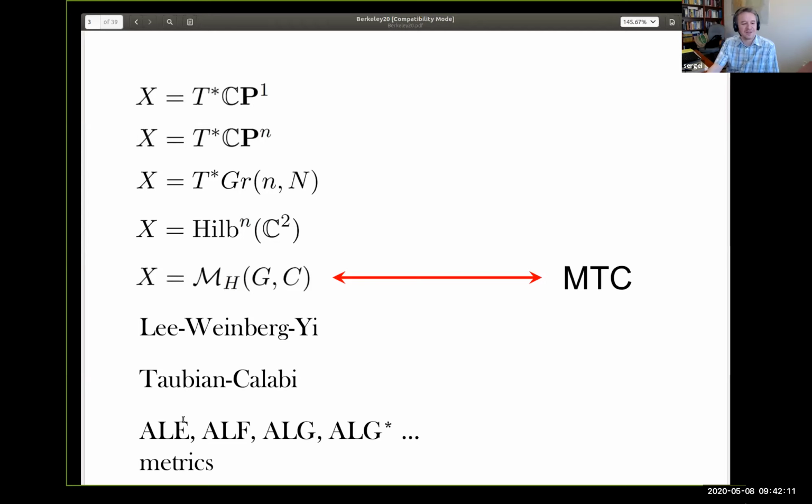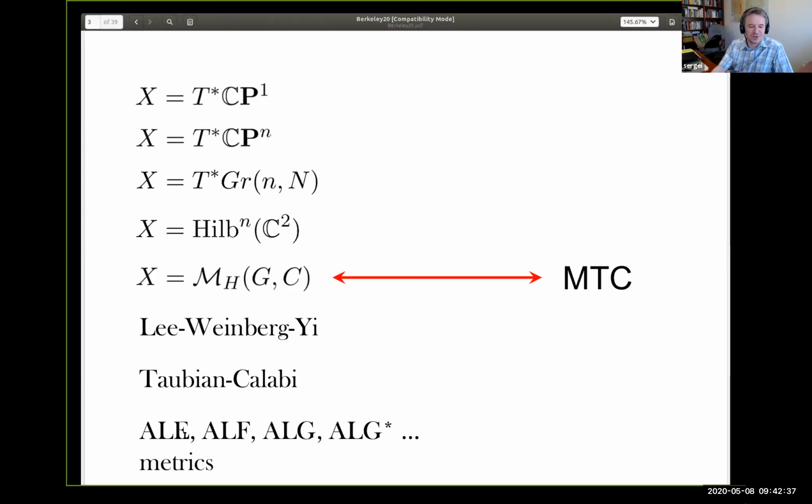So ALE is asymptotically locally Euclidean space. ALF stands for asymptotically locally flat. And then people just continued naturally with the alphabet. So G follows after F, so they call it ALG. And there is actually an ALH type of geometry. So these are all 4 real dimensional spaces.